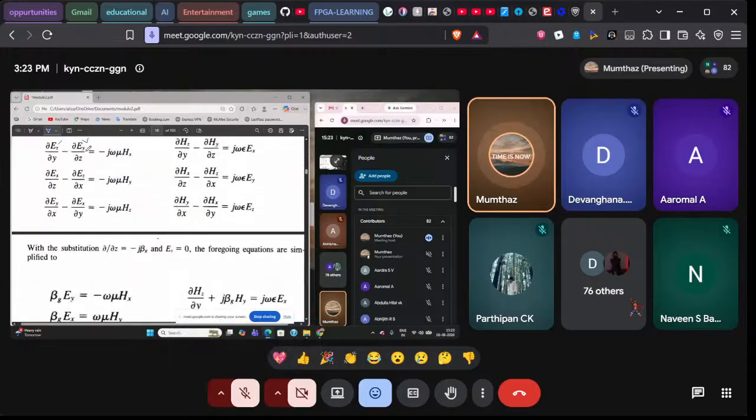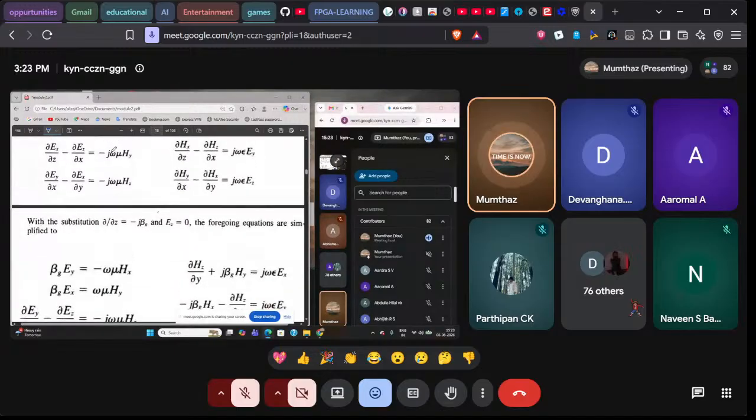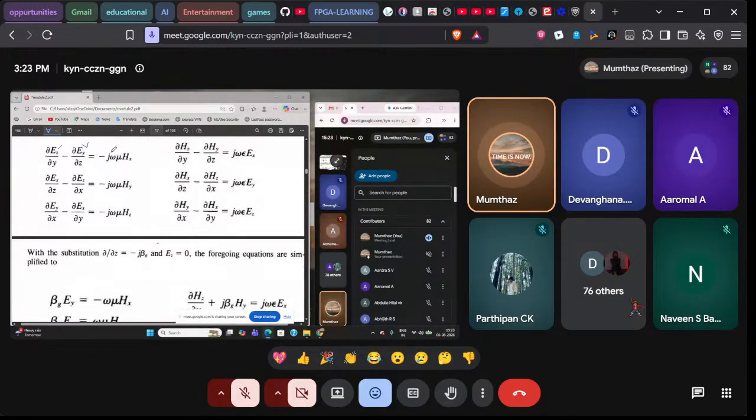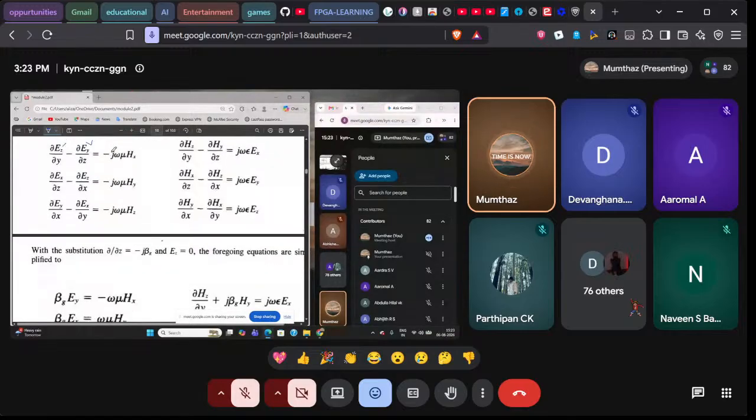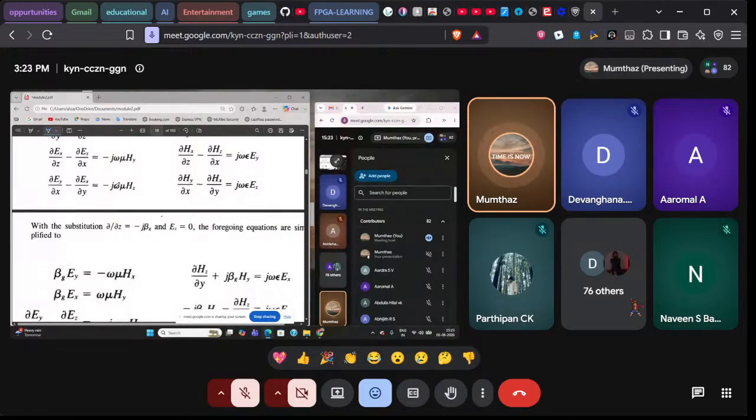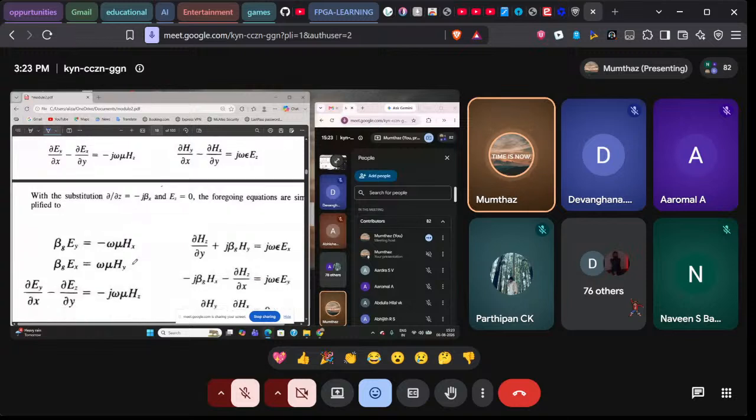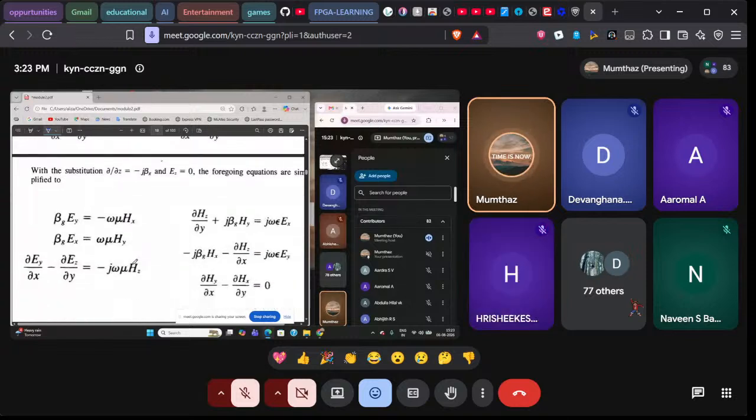Then these two minus will cancel and you will get minus j omega mu Hx, the minus j and minus j cancel and you will get minus mu Hx. Okay, so there will be 3 minus in the equation, so you will get 1 minus at the RHS.